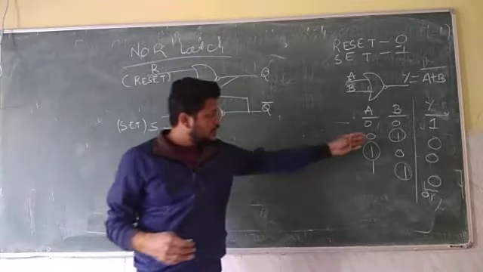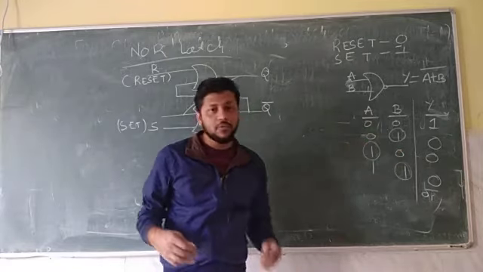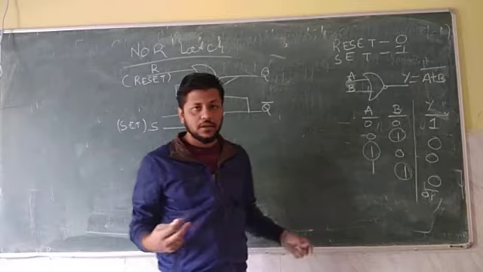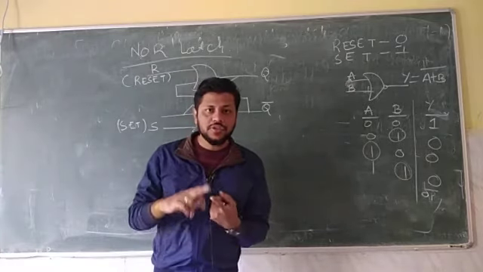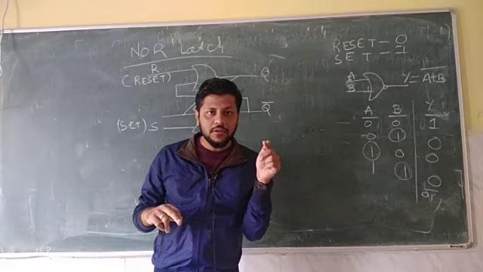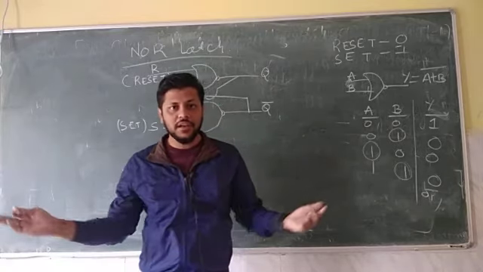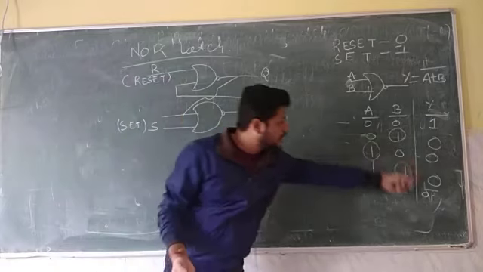You need to observe from this truth table that whenever one of the inputs of the NOR gate, either A or B or both, is 1, whatever the remaining input may be, the output is 0.